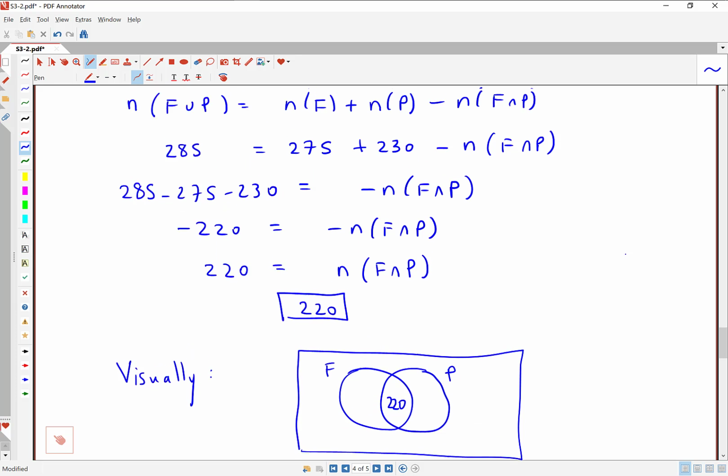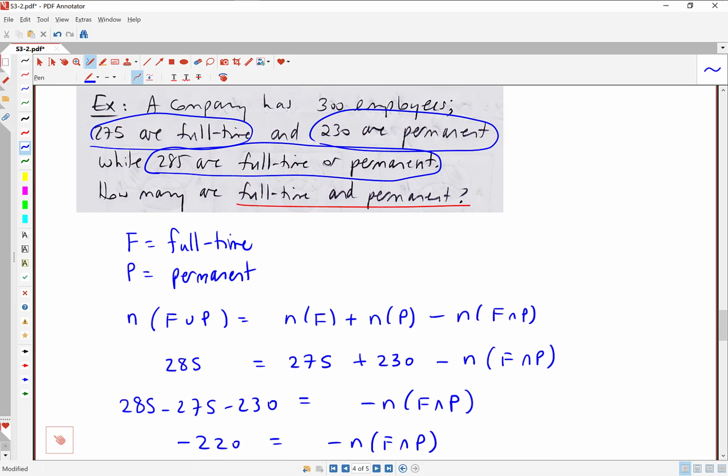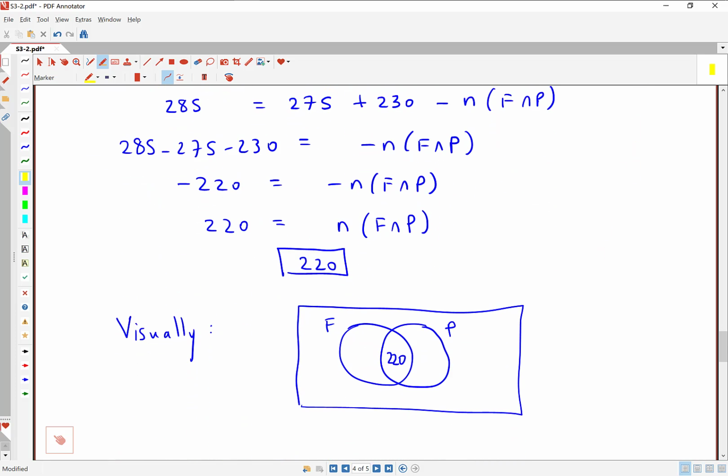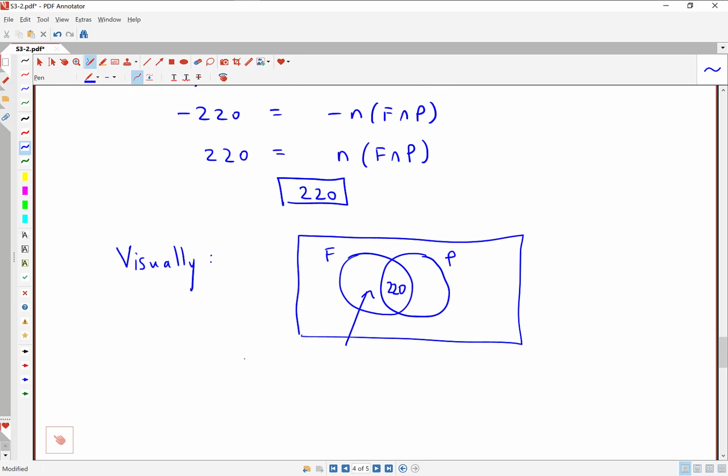Let's go back to the question. Well, one thing we know is that there are 275 full-time employees. Those 275 employees are sitting inside this circle for full-time. So if we ask how many employees would be in this region here, what we'd have to do is go 275 minus the 220 that we've already accounted for.